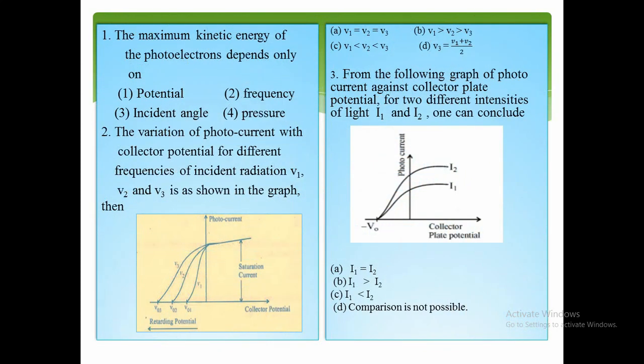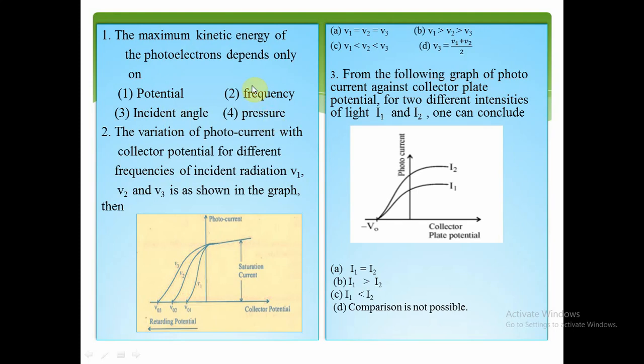These are some questions asked in KCET. Look at the first one. The maximum kinetic energy of the photoelectron depends only on... The kinetic energy depends on the frequency of the incident light, not on the potential applied to the electrodes, the incident angle or the pressure.